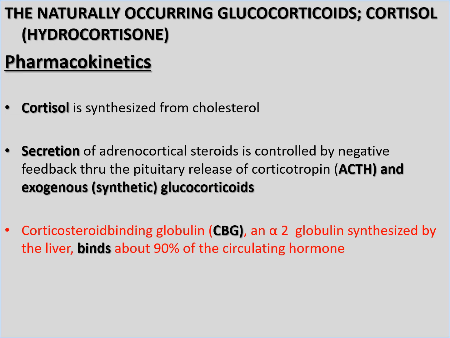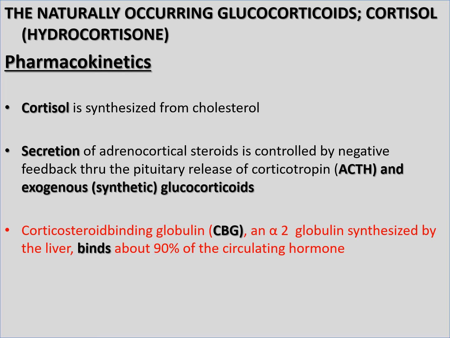Now we will study a bit about the naturally occurring cortisol or hydrocortisone. So we will come to the pharmacokinetics first, where it is synthesized in our body. The cortisol is synthesized from cholesterol. The secretion is controlled by negative feedback through which hormone?